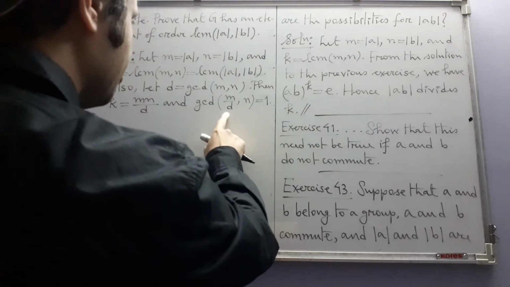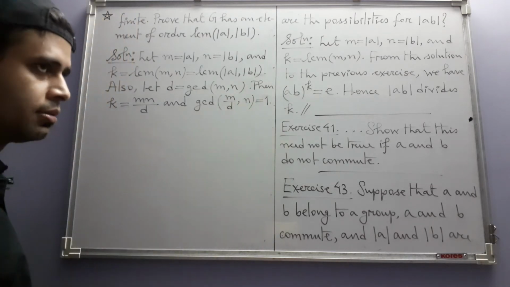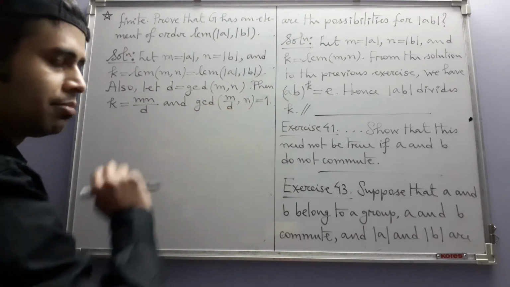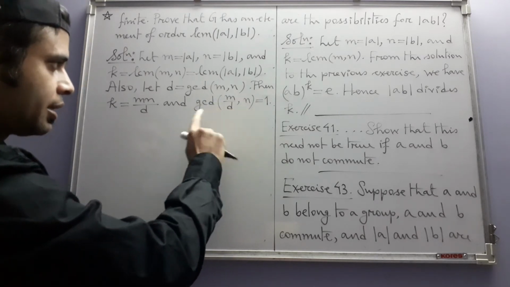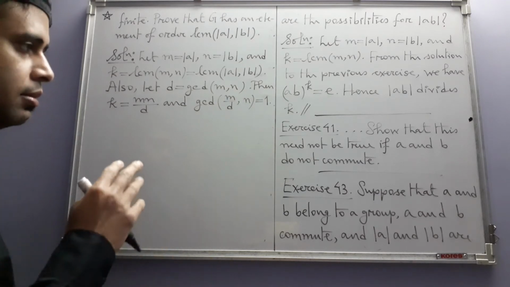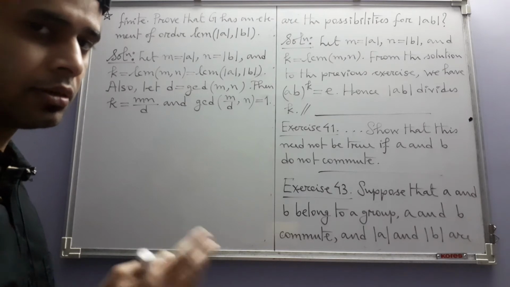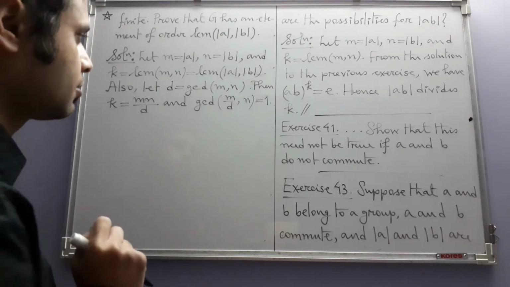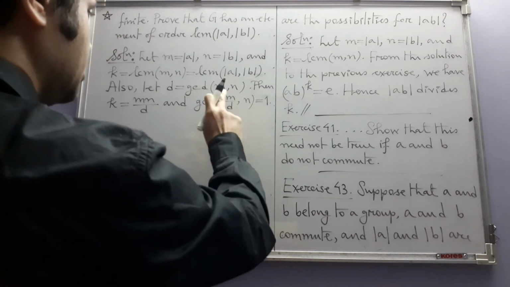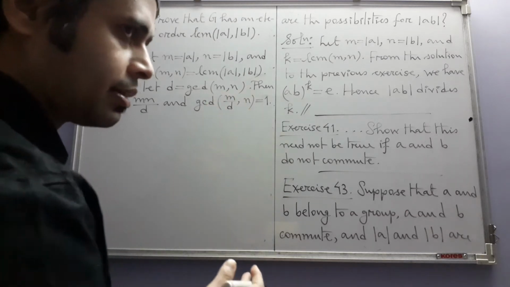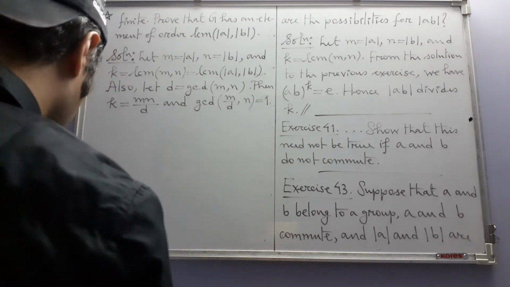Because if we divide an integer by the greatest common divisor of M and N, then after the division, besides 1, nothing is common, as far as the divisors are concerned. So there is no common divisor between M by D and N other than 1. Of course, we are talking about positive common divisors.